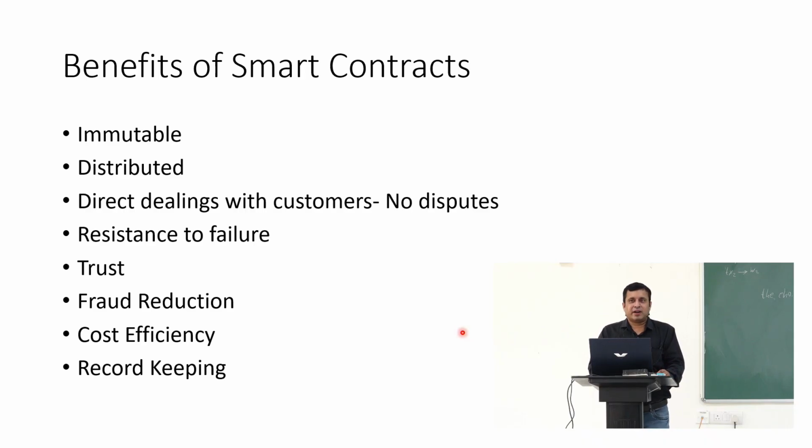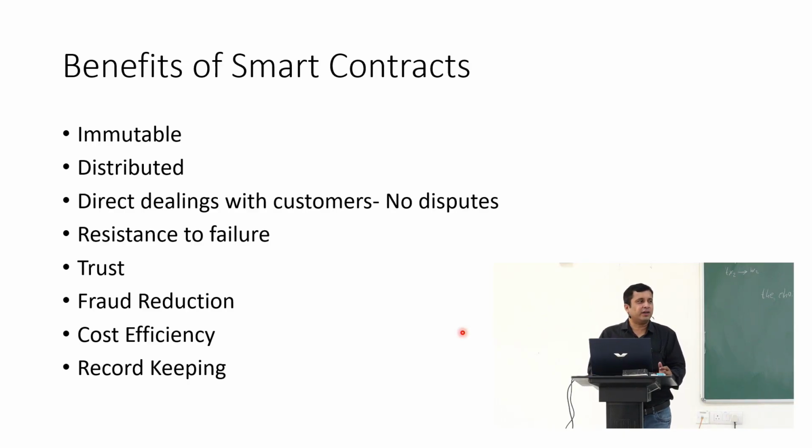Trust. Smart contracts build trust among the parties due to such security features, because of the transparency in how transactions are happening, the tracking, and the immutability feature. Fraud reduction. I can say frauds are difficult on smart contracts.